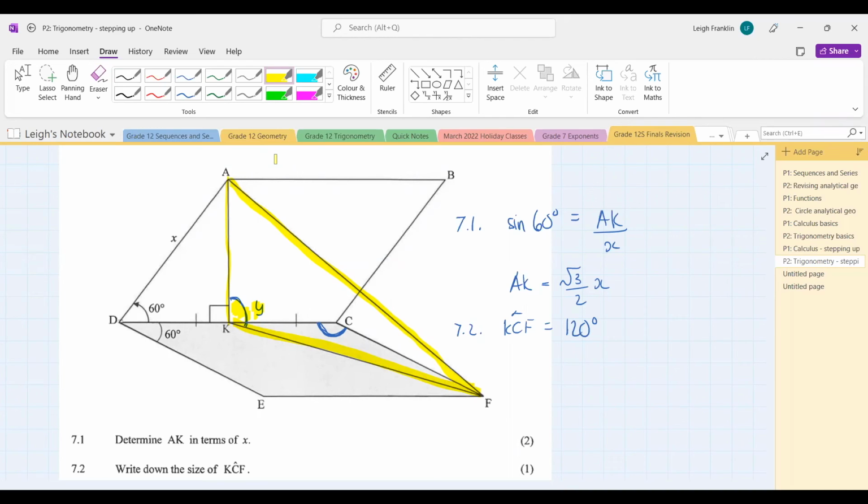We've just written down that KCF is equal to 120. So we can see that side KF is opposite this angle, and they've told us that DK and KC are equal to one another. Because it's a rhombus, it means that DC and CF would also be equal to each other.